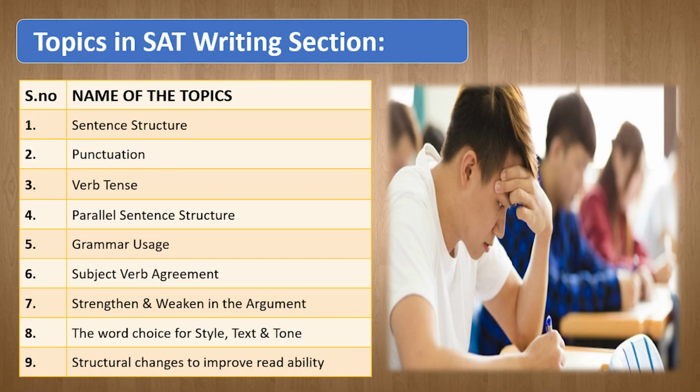The type of questions that you can have in your SAT writing are questions pertaining to the passages. Some examples of questions asked in the writing section are sentence structure, verb tense, punctuation, parallel structures, grammar usage, and subject-verb agreement.